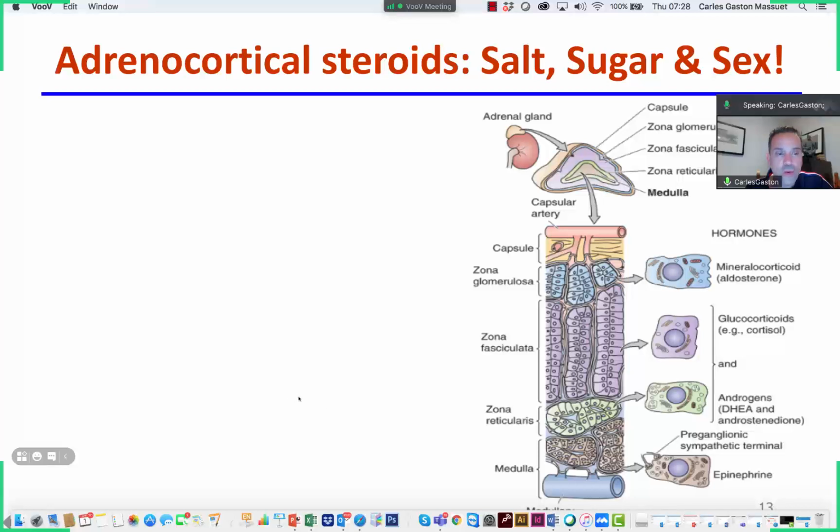The zona glomerulosa will produce mineralocorticoids known as aldosterone. Zona fasciculata will produce glucocorticoids or cortisol, very important for the response to stress.